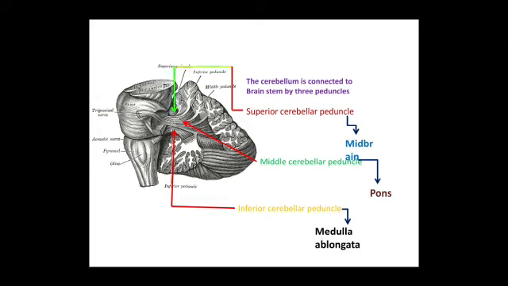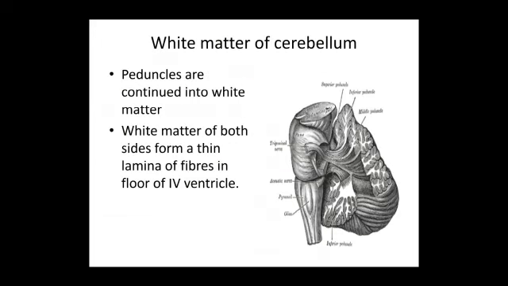Here you can see the three peduncles. The superior peduncle is connected to the midbrain, the middle peduncle to the pons, and the inferior peduncle to the medulla oblongata. The peduncles are continuous into the white matter.